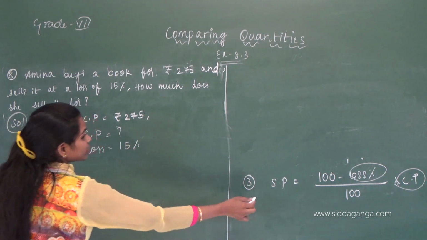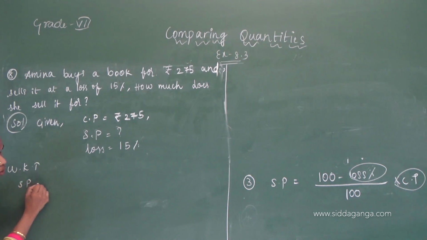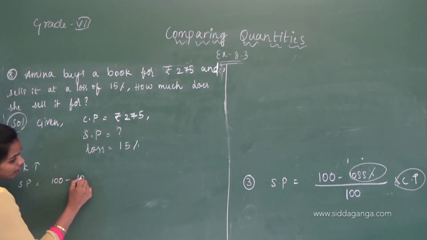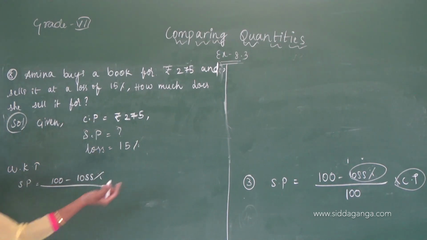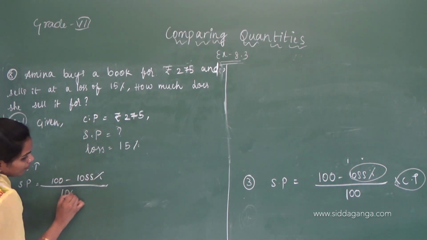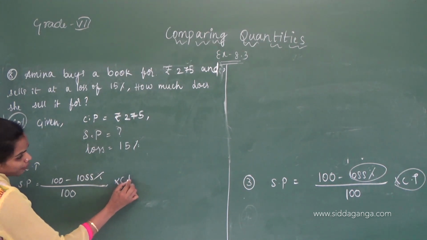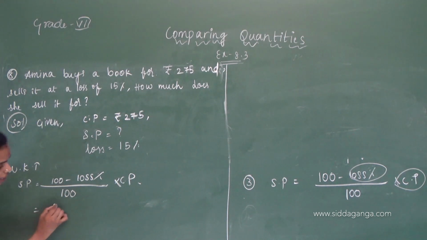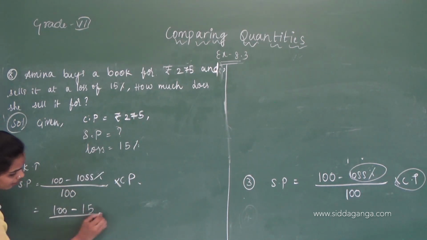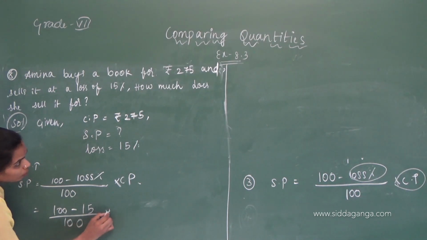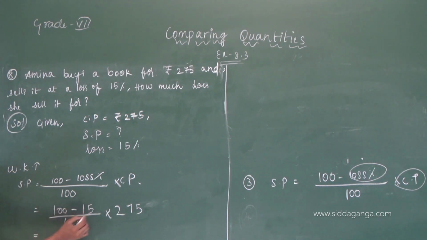If you substitute these, we know that SP equals 100 minus loss percentage divided by 100 into CP. 100 minus loss percentage means 15, divided by 100 into 275.